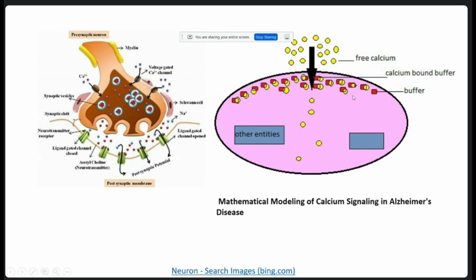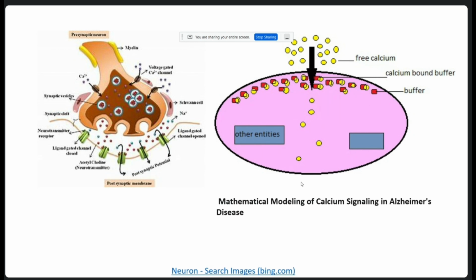If it goes higher and higher, some part of the cell is going to be damaged, which we call tangles and plaques. Tangles and plaques are generated, so if it goes higher, the symptoms of Alzheimer's disease start. So the movement of the free calcium ion is also responsible for some neuronal disorders that we have studied there.